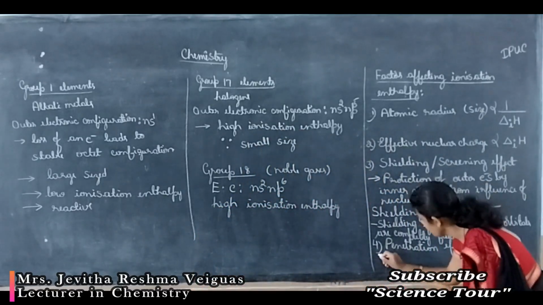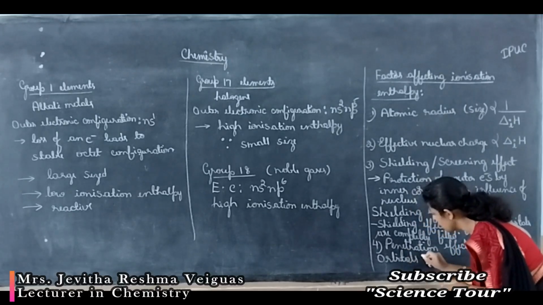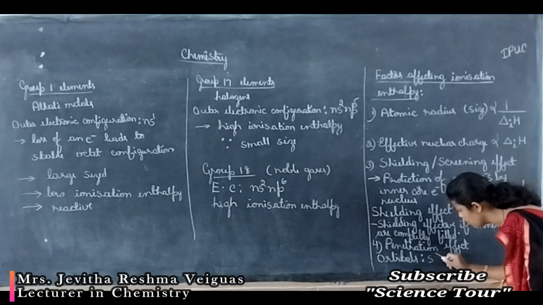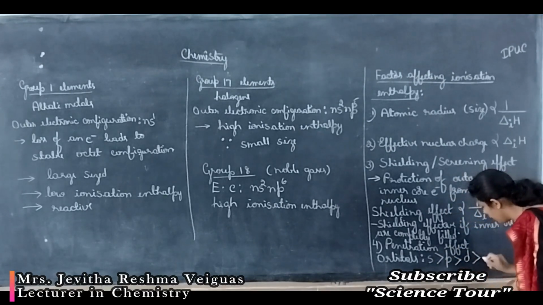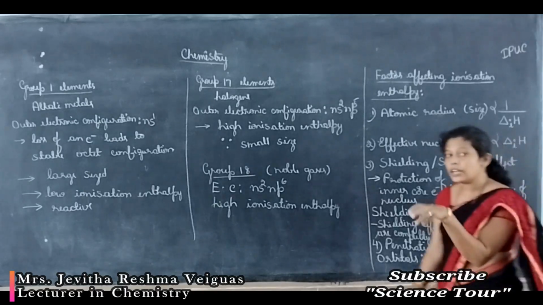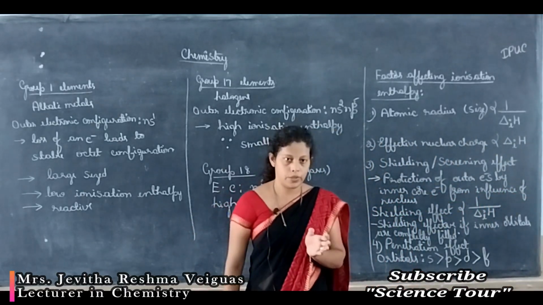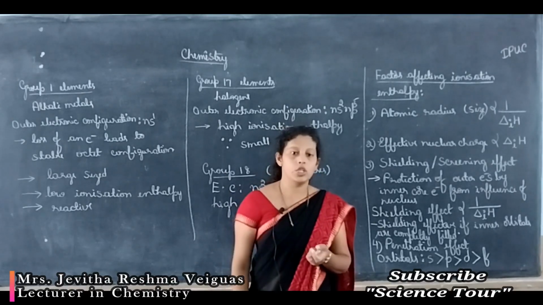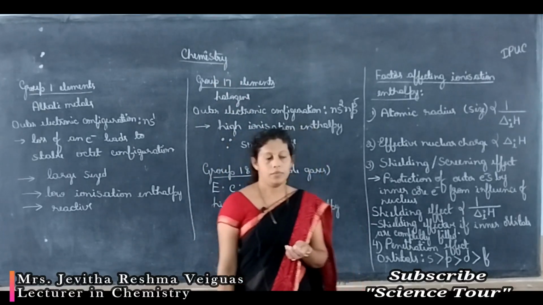Generally, in the orbitals of any shell, s orbital electrons are more penetrated than p orbitals, than d, than f. So, if the electrons are present in s orbital, they are more close to the nucleus. To remove them, energy required is more, means ionization enthalpy is high.